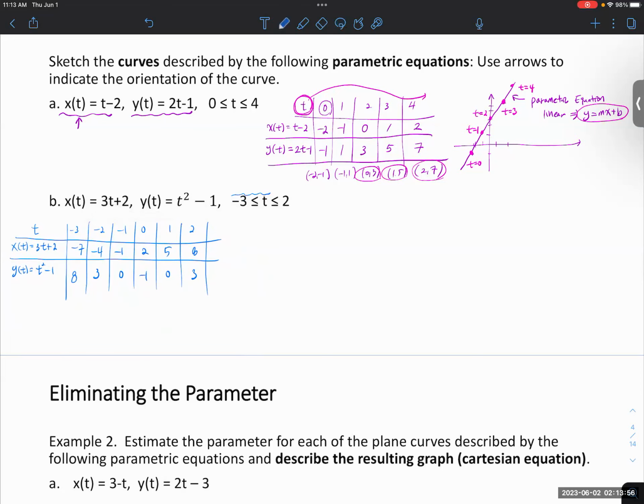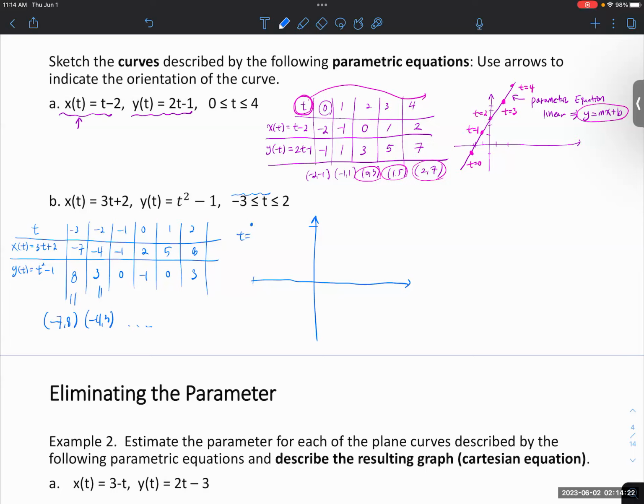So what does it mean? When t equals -3, you have coordinate points at -7, 8. Let's graph it and see the shape of the graph. When t equals -3, -7, 8, all the way up.